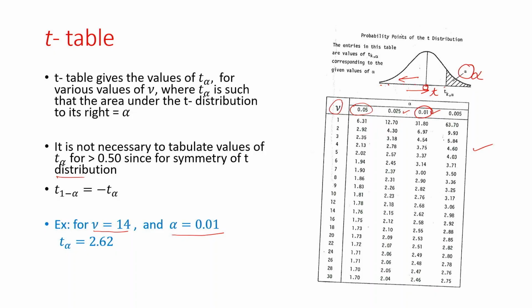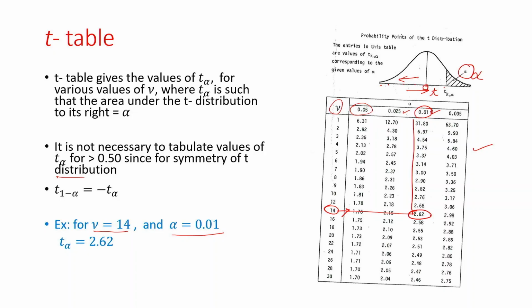Now we have to find where nu is 14. If we go down this column, we find 14 here. So we go along this line, and where the row and the column cross each other, that is the point.